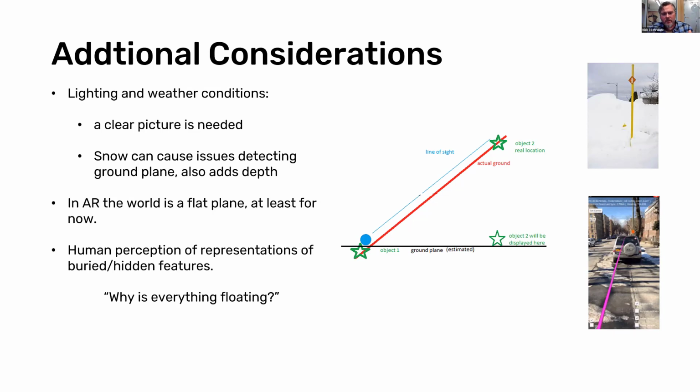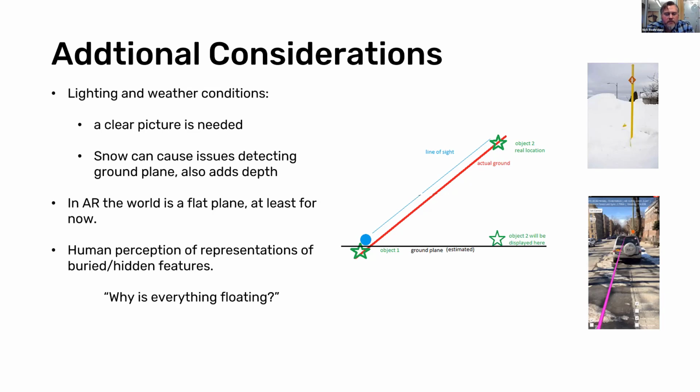So that can throw off where it thinks you are relative to the ground. It also, like the picture shows with the hydrant marker there, adds depth. So if it does detect the snow as the ground, it's not going to be where the actual ground is. It's going to be above that where things are situated. So that introduces another issue.